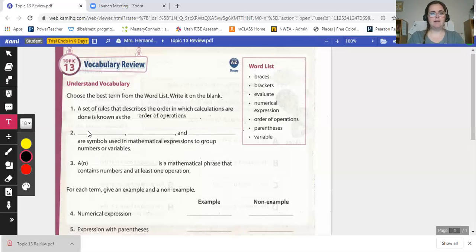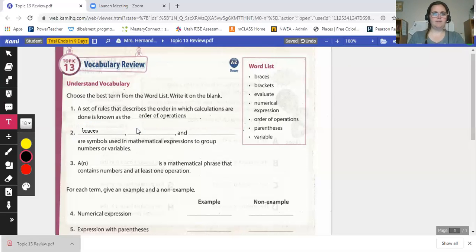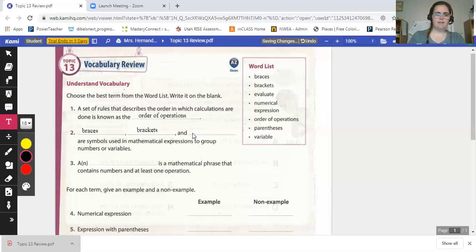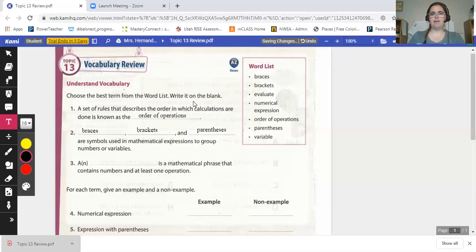So let's start writing them down. I bet you got the same set. Braces, brackets, and parentheses. Those are the three.